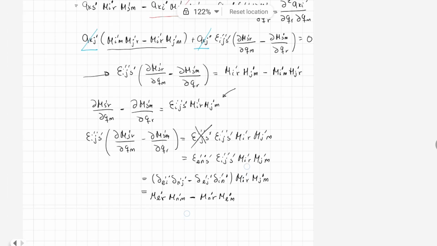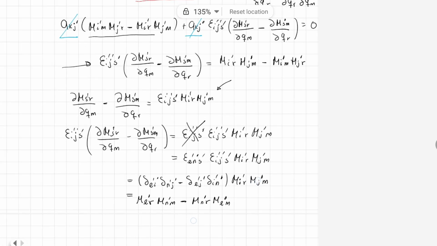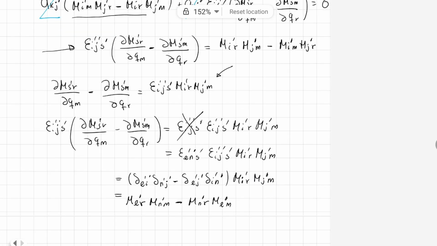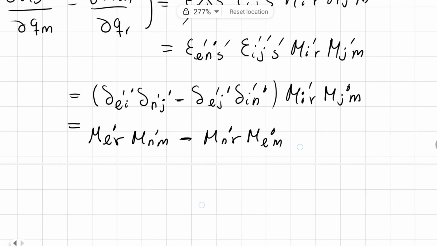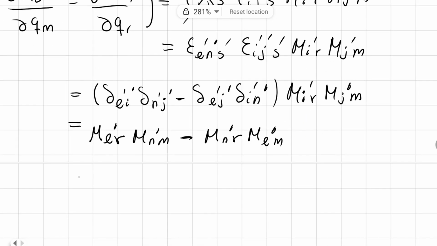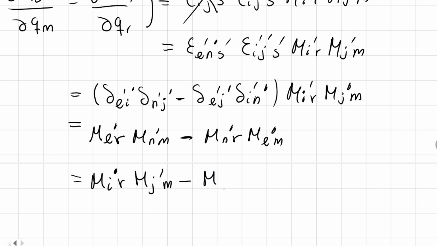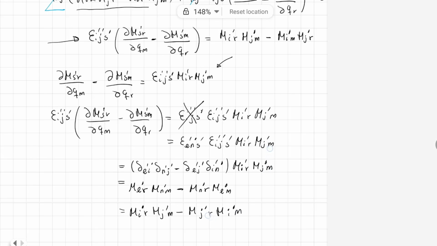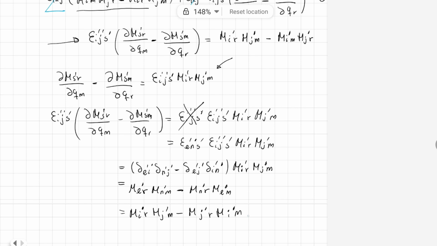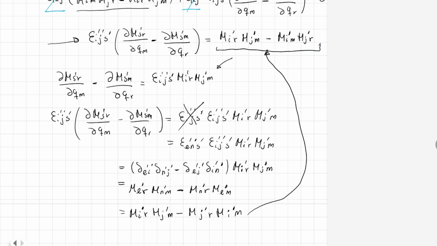Okay, perfect, but let me see. Well, if we switch again the L for an I and the N for a J, we get that this is M I prime R, M J prime M minus M J prime R, M I prime M. And if you see, this is the same as the expression that we have at the beginning, this one over here, okay?